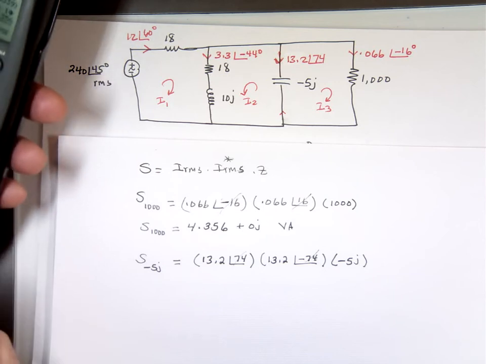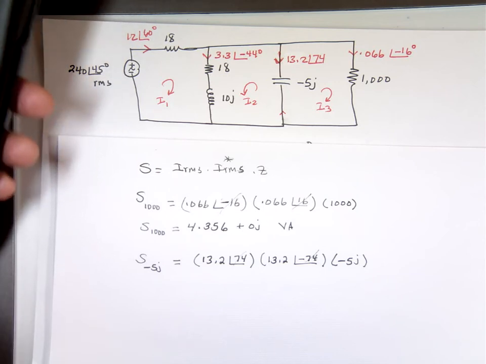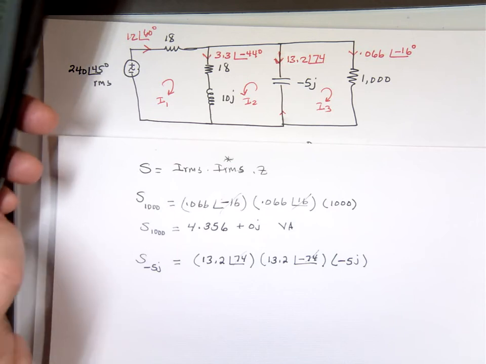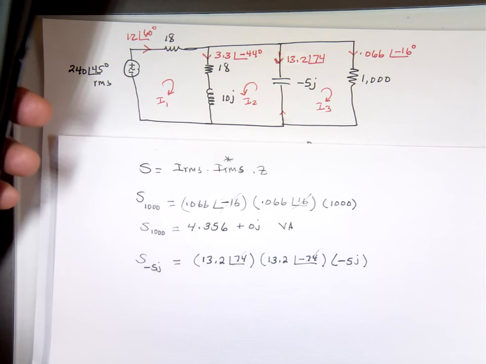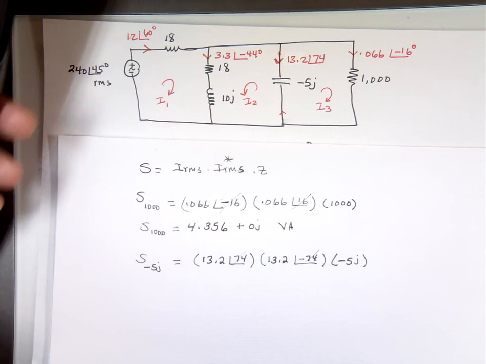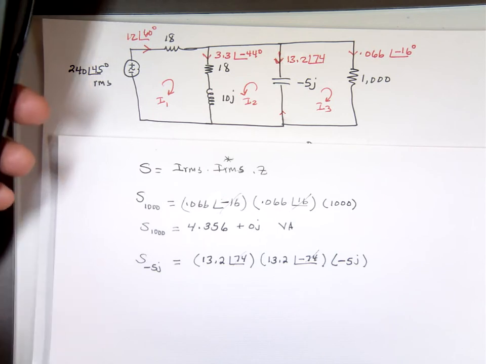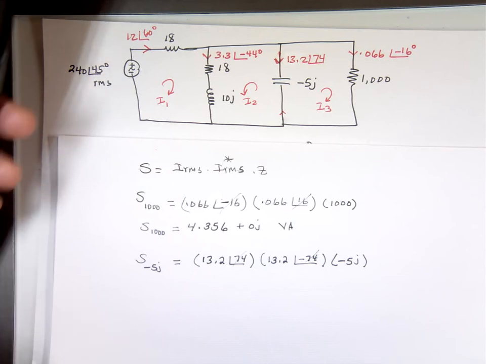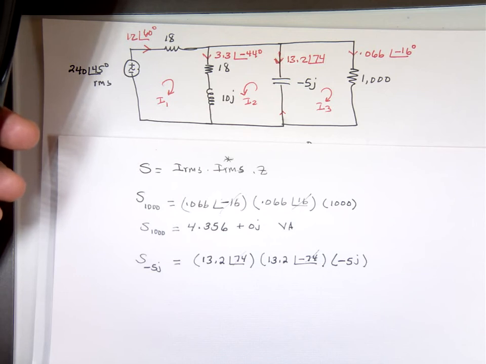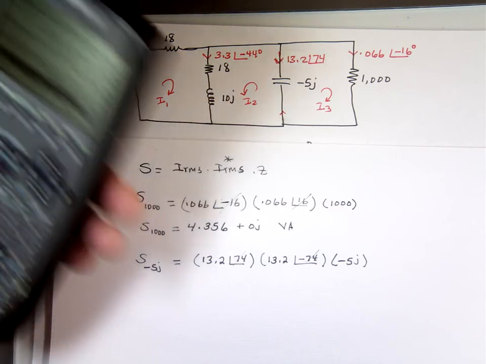13.2 angle 74 times 13.2 angle negative 74 times negative 5J. I should switch to rectangular mode, but I am in polar, it tells me negative 90 degrees.